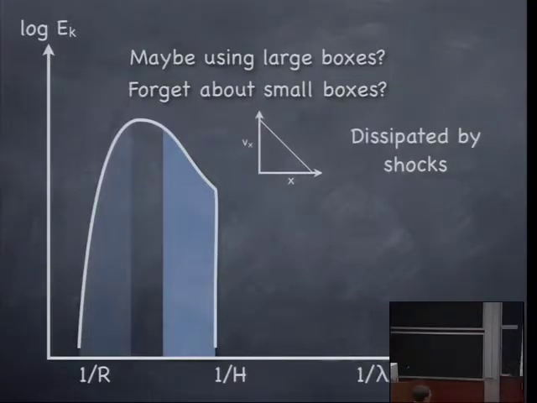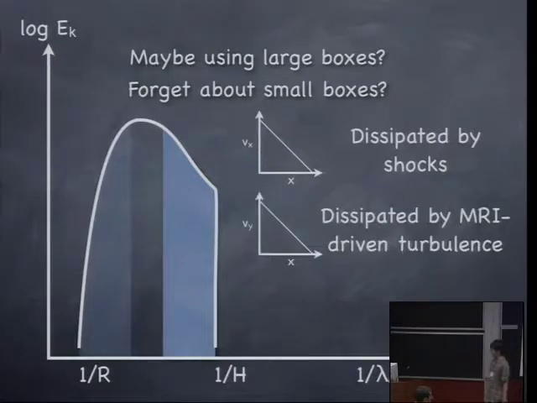Say I do a large box simulation, and say at my grid scale, I have a profile of Vx like this. I know this is going to develop a discontinuity in finite time, so it always dissipates. And if I have a configuration like this in Vy, this is MRI unstable, so we will develop turbulence and we will dissipate.